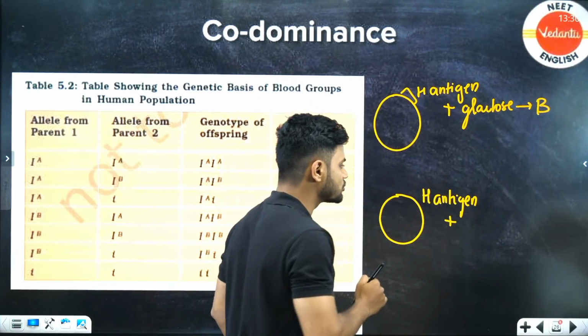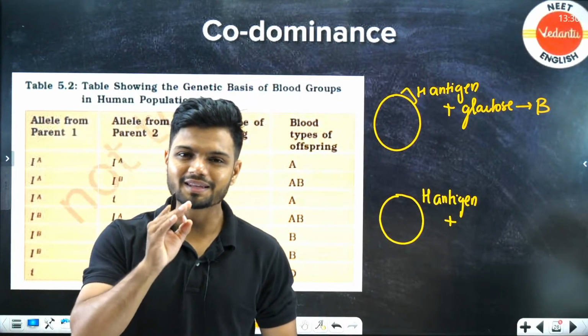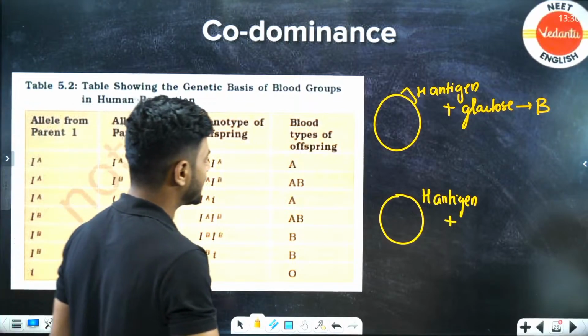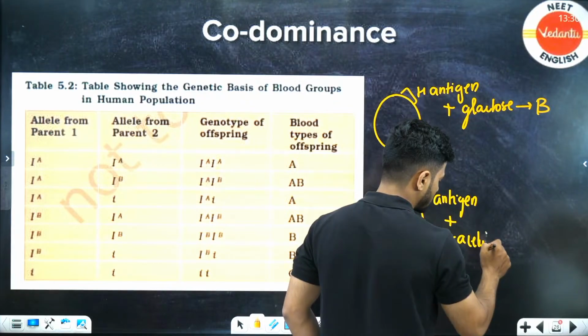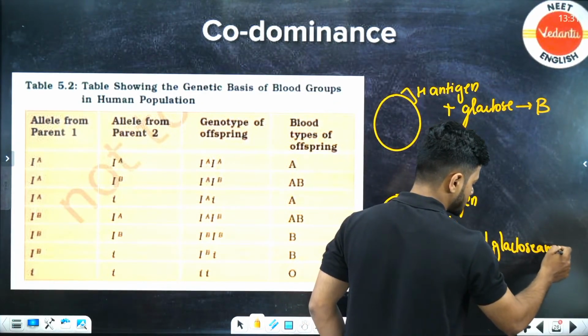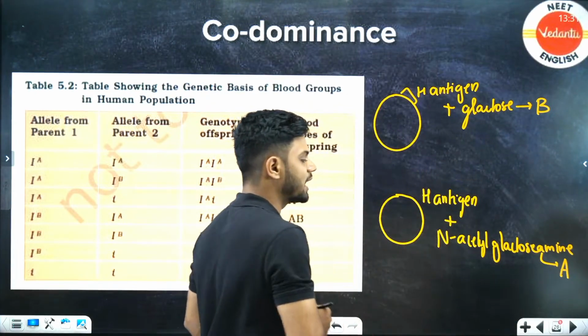Now what about in the case of A, students? In the case of A, the sugar is called N-acetyl galactosamine, and this becomes A blood grouping.